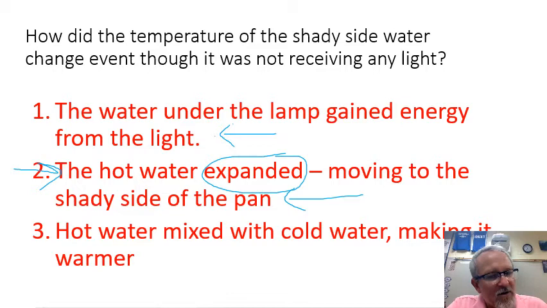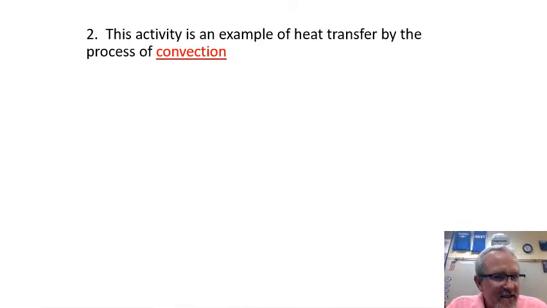Three, when hot water mixes with cold water, it's going to make it warmer. So this is why the water on the dark side got warmer even though it did not get any light. It didn't get any new energy. It's kind of a three-step process. This is an example of heat transfer by the process of convection. Convection is when water, or it can be air, transports energy from one place to another.